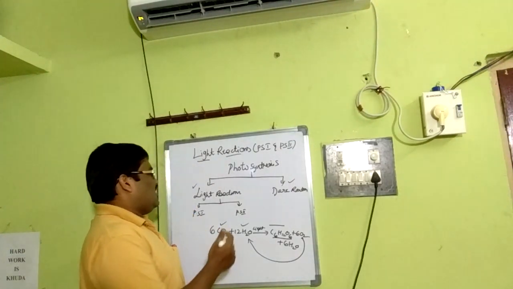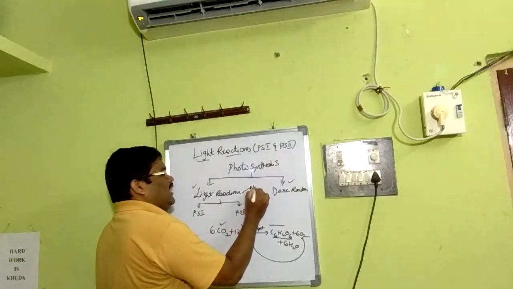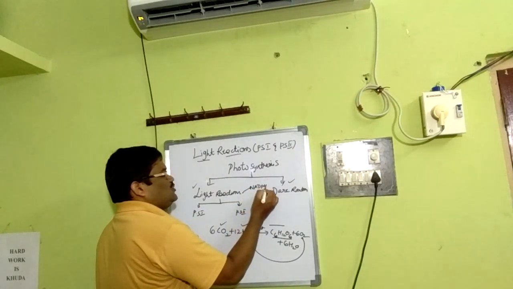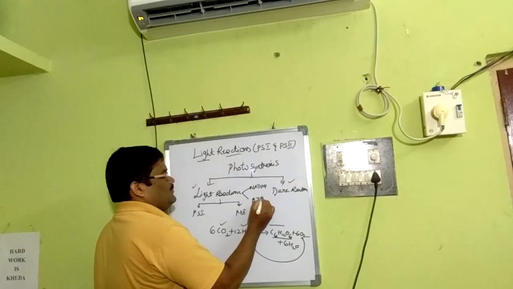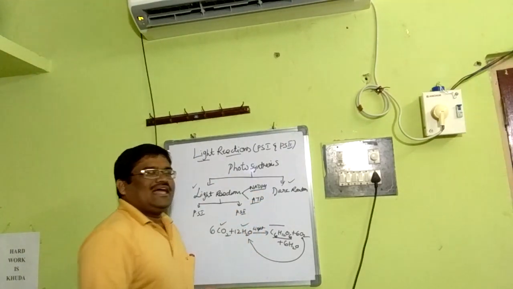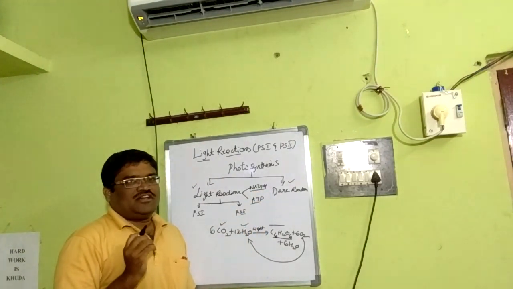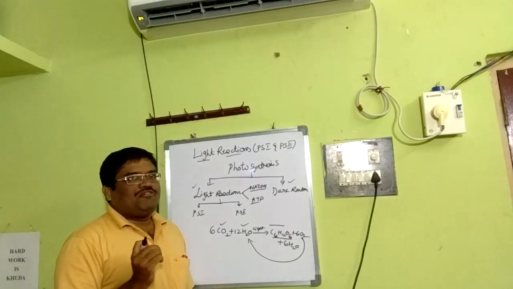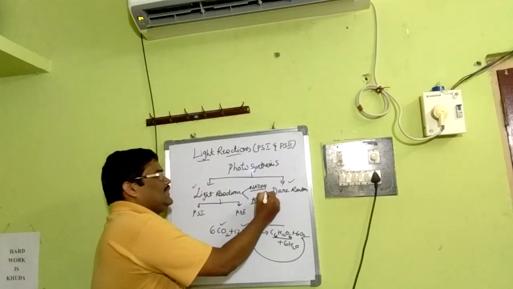What are the products of light reaction? NADPH and ATP. Nicotinamide adenine dinucleotide phosphate hydrogen, the reduced form of NADP plus, and ATP.